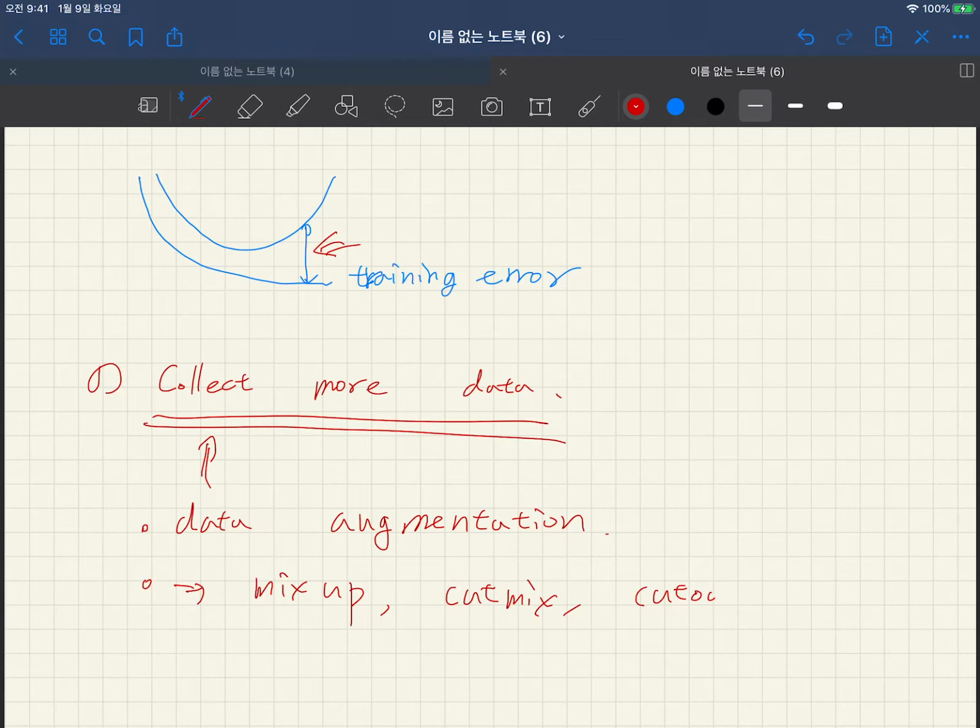And there are modern data augmentation techniques called mix-up, cut mix, and cutout. This technique is very funny. Just add two different pictures and assign some mixed output label and so on.